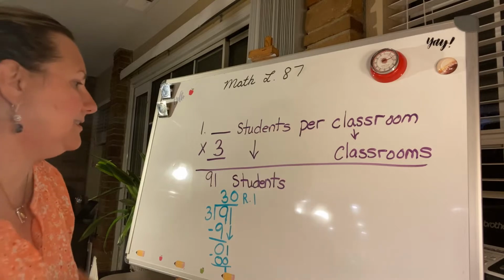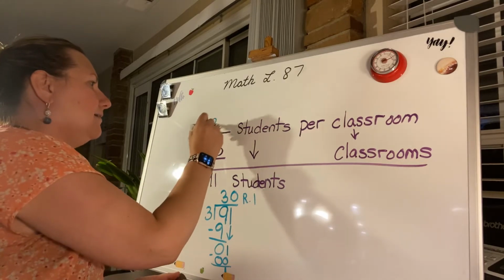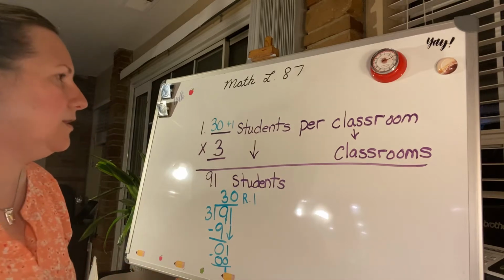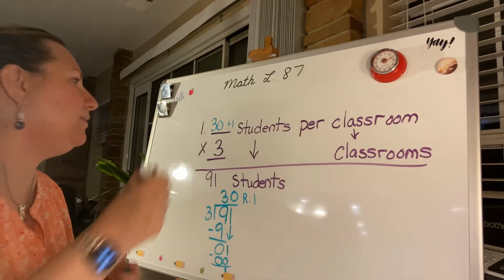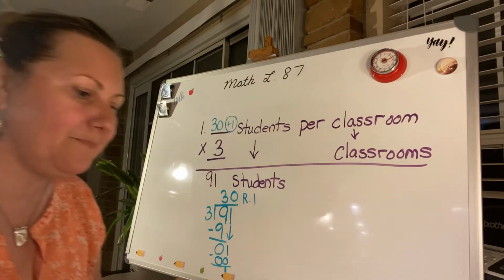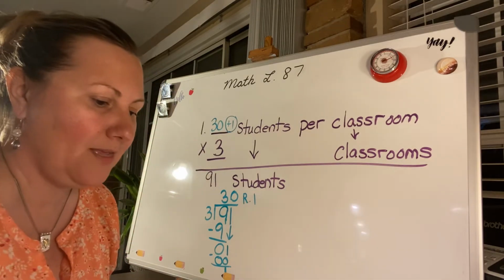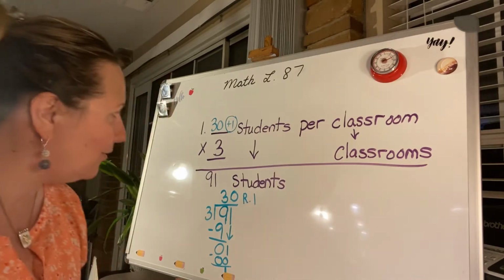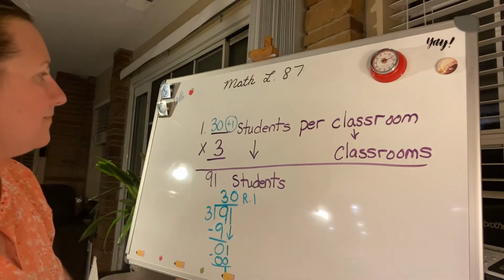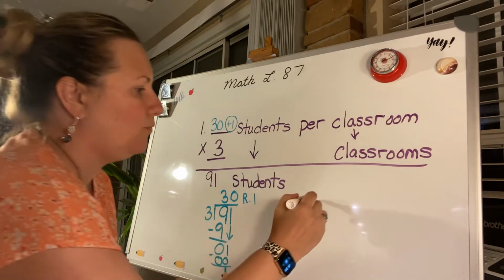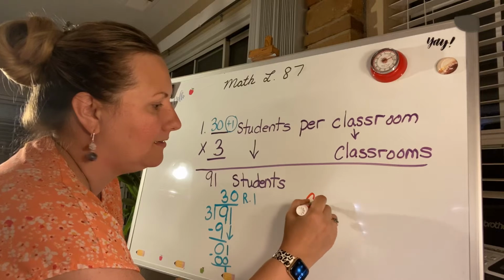So let's see. There's 30 plus 1, remainder 1, students per classroom. So what are we going to do with this little remaining child? So now we can figure out how many classrooms have exactly 30 students. Well, let's see. Can classroom number 1 have 30 students?